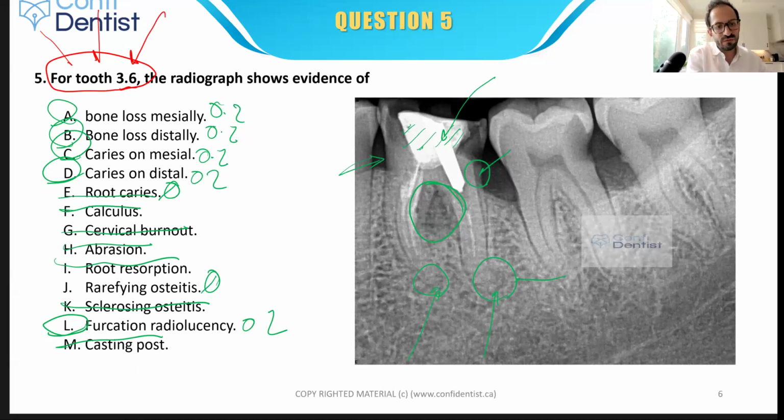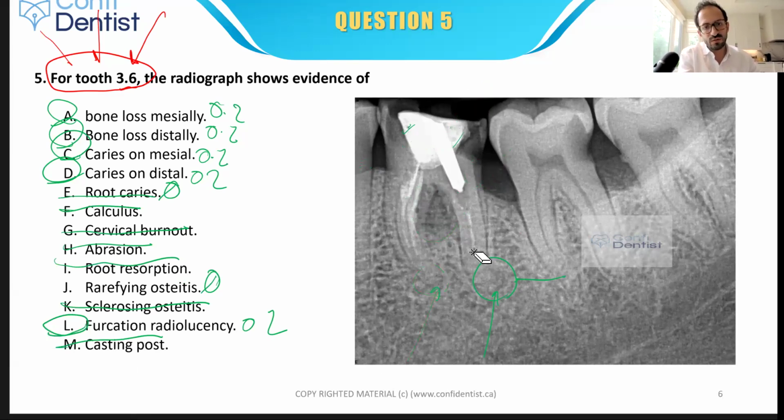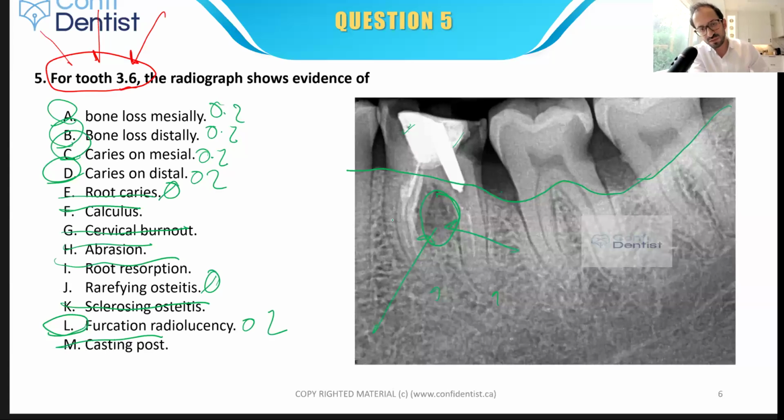So one of you is asking, can you define the bone level? And the bone level is this. So this is my bone level here. This furcation radiolucency that you see here is not because of periodontal disease. This is because of an endo problem.